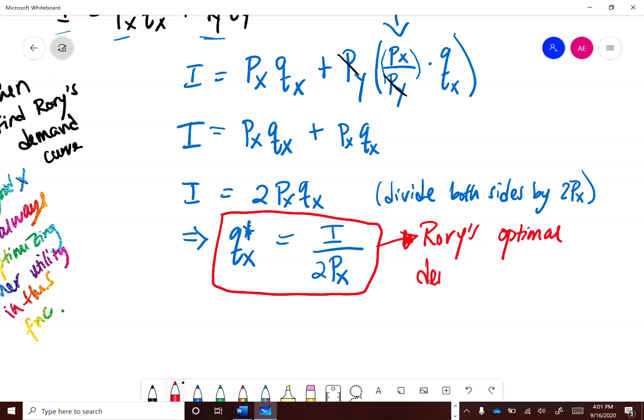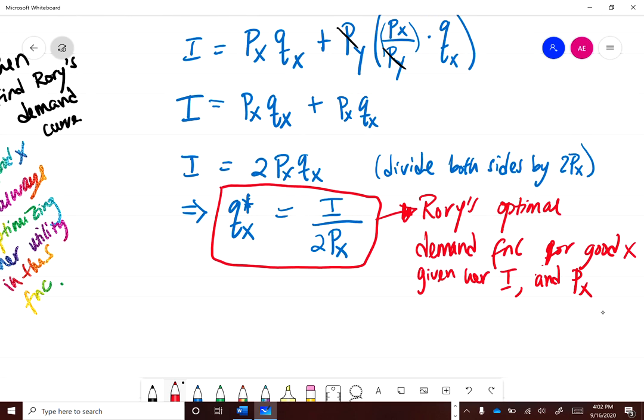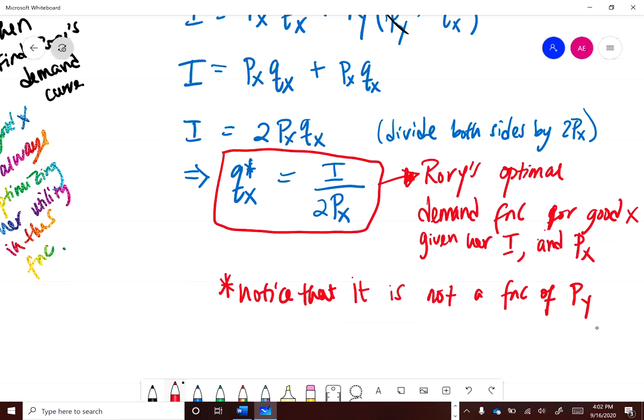Rory's optimal demand function for good X given her budget or income, I, and the price of good X. Notice that this demand function for good X is not a function of, in other words, what's missing? P of Y, right?